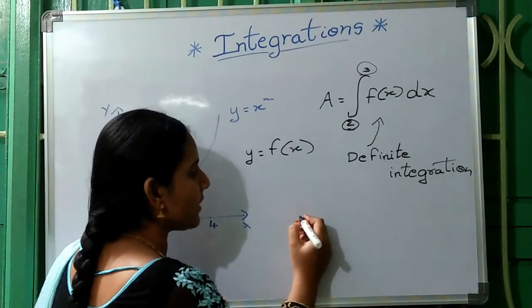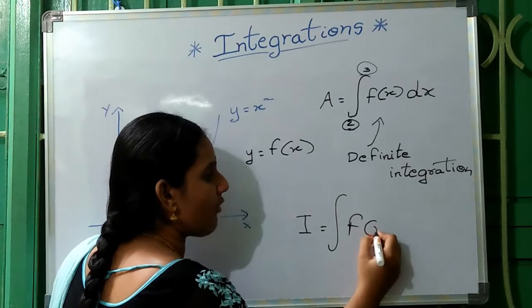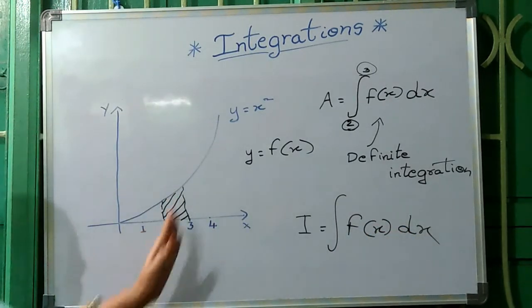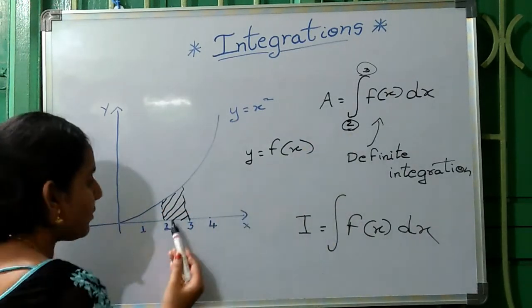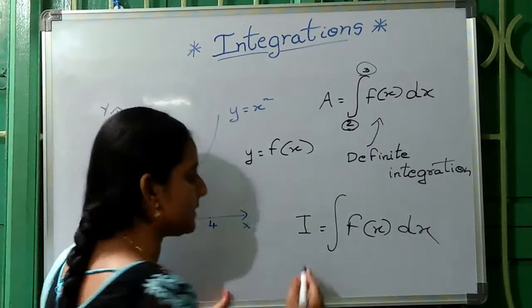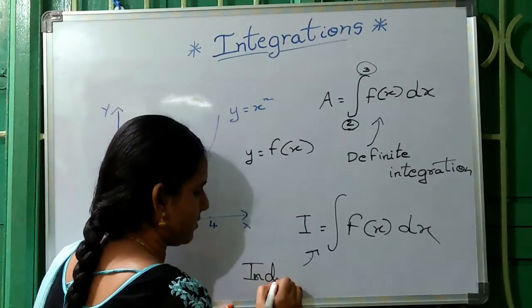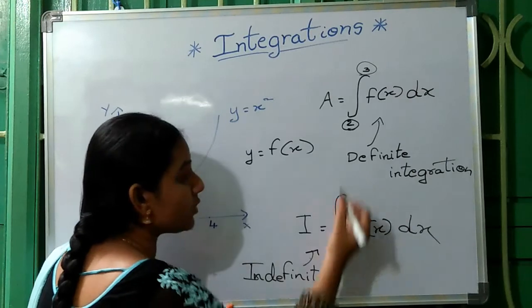For indefinite integration, we write integral f of x dx. There would be no limit for this. Here, from 2 to 3 only we are finding the area. But this is called indefinite integration because the limits are not known.